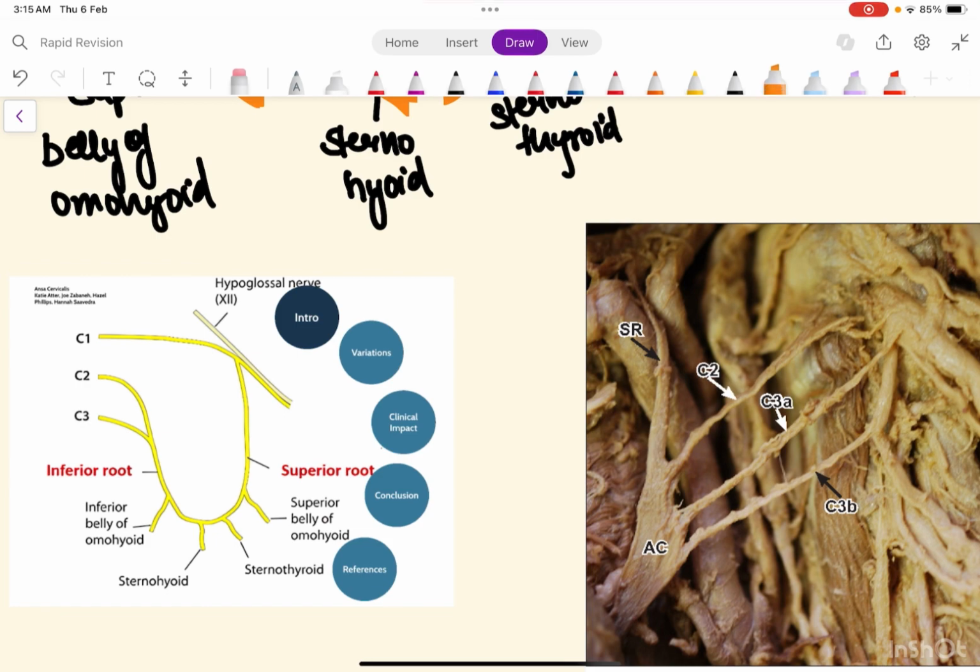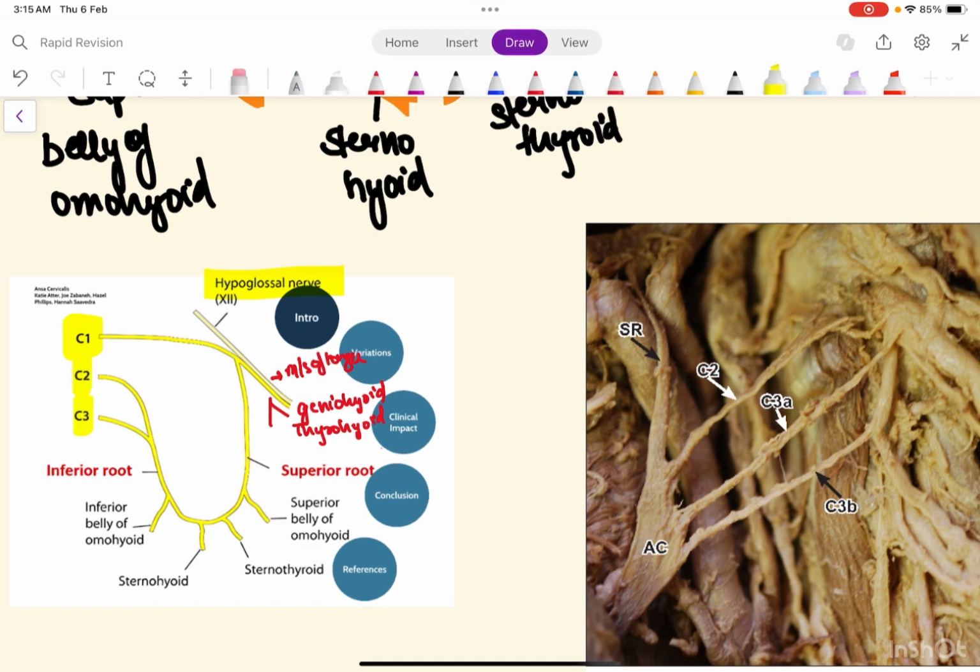Now from this diagram we will see what I've drawn. In this you will see this is our hypoglossal nerve and we have C1 here. In this diagram it's missing, so we'll just write that this is supplying the muscles of the tongue, and this is supplying two muscles, geniohyoid and thyrohyoid.